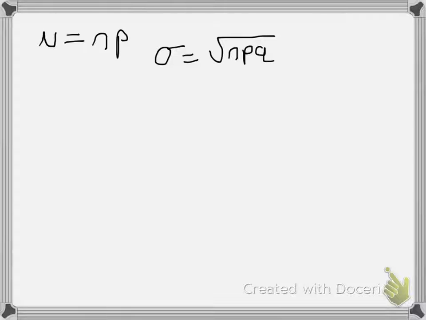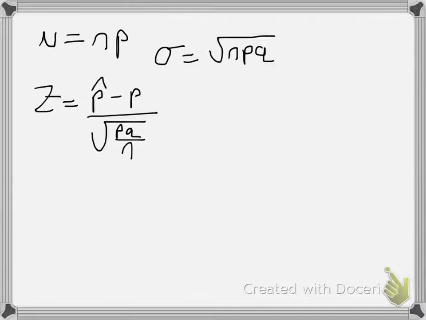And reminder of our z-score, it is p hat minus p over the square root of pq over n. Remember that p hat is x over n.